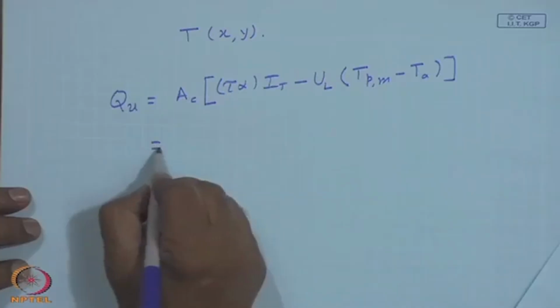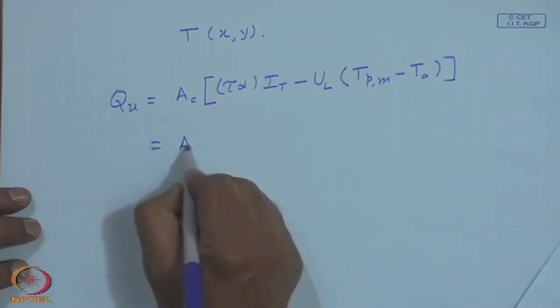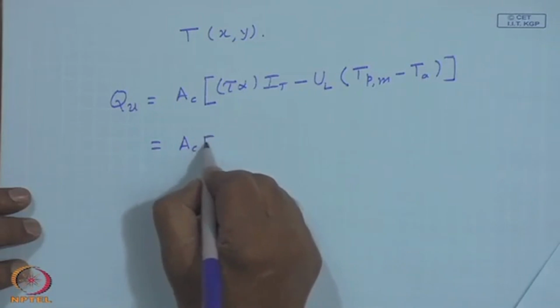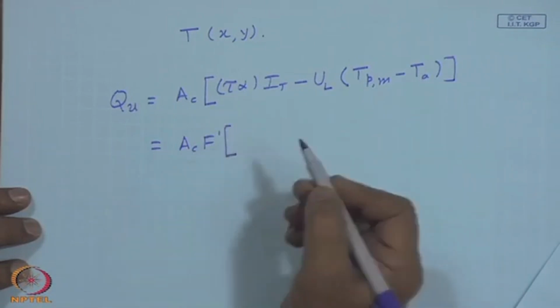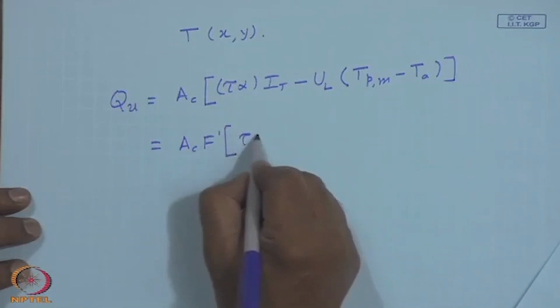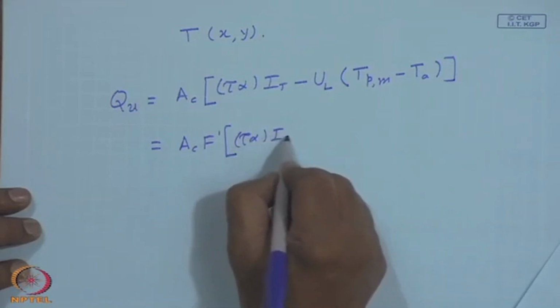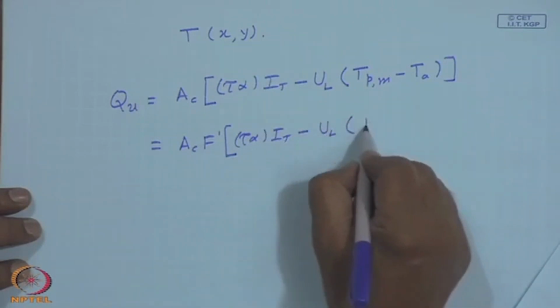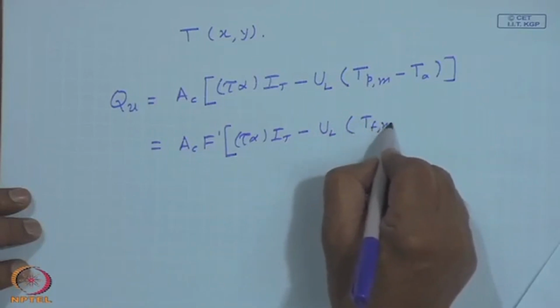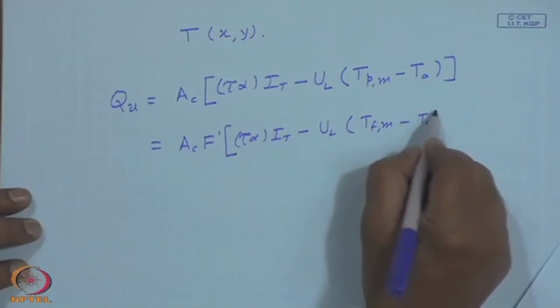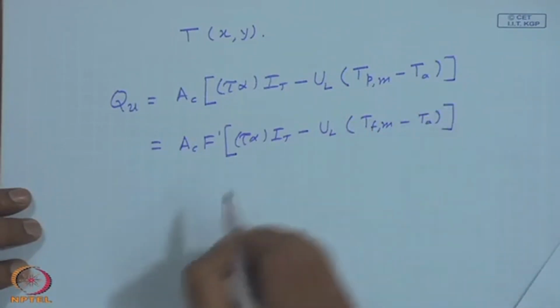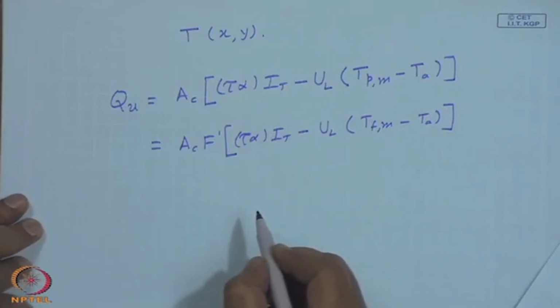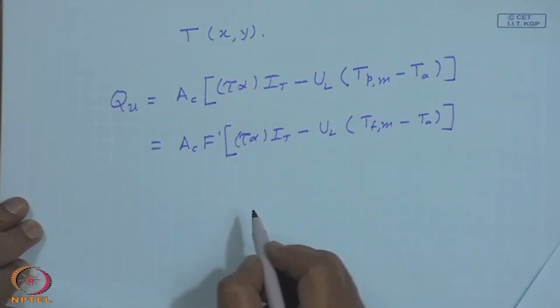We consider the entire flat plate to be at a temperature TPM. This, of course, for reasons we already mentioned, has been modified by multiplying with an efficiency factor F dash: tau alpha times IT minus UL, instead of TPM, I choose TFM minus TA. This gives a little more clear idea about the collector.